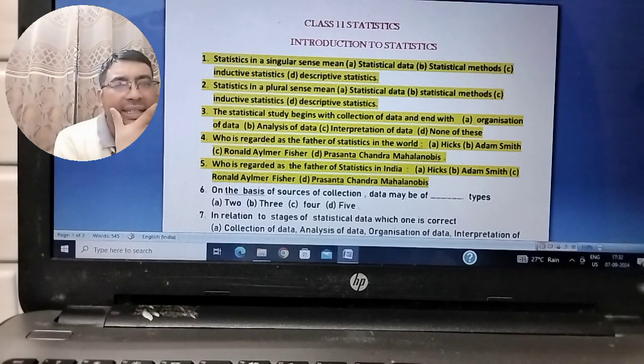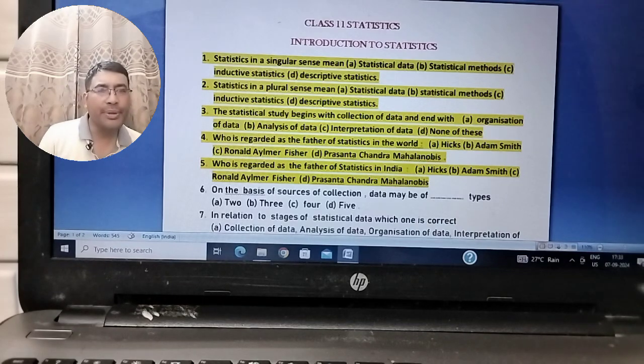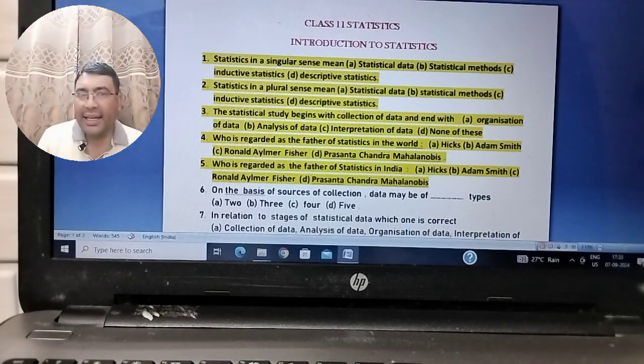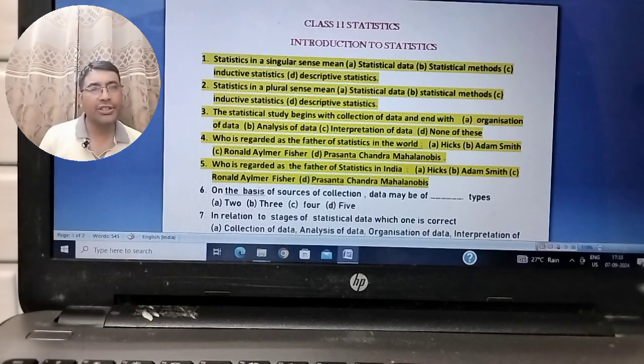Number three, the statistical study begins with collection of data and ends with: organization of data, analysis of data, interpretation of data, and none of these. Statistics starts with collection of data, then organization of data, then presentation of data, then analysis of data, and ultimately ends with interpretation of data.